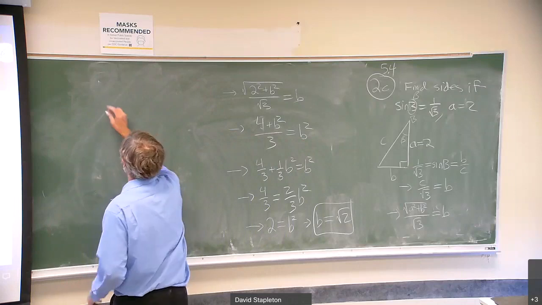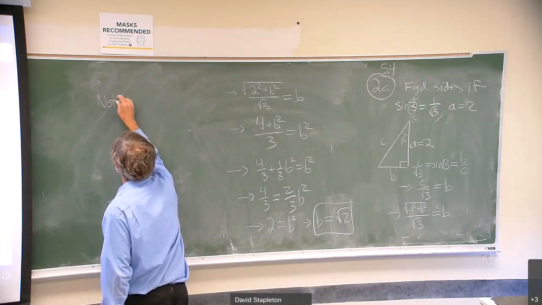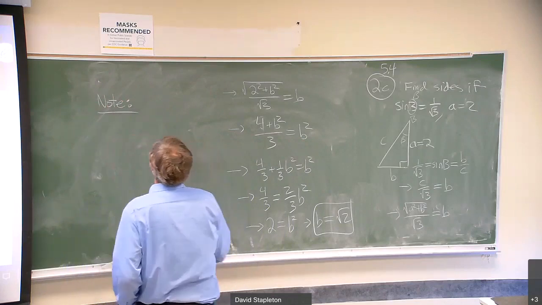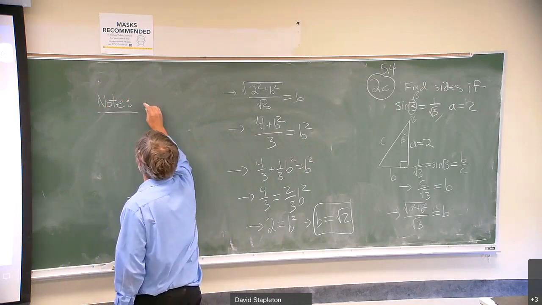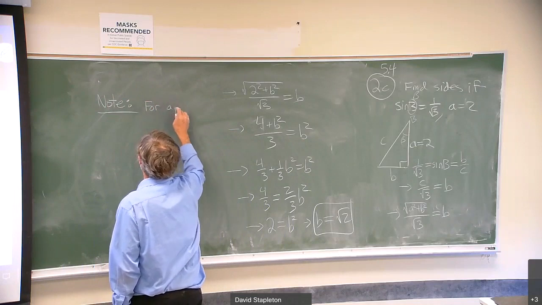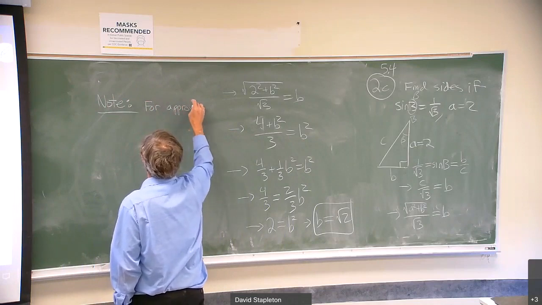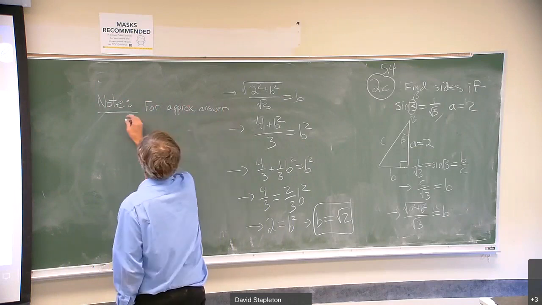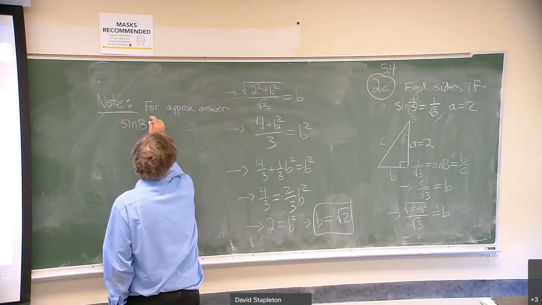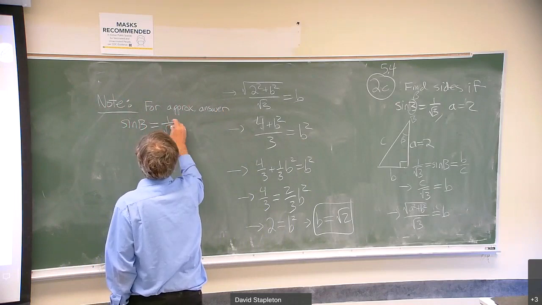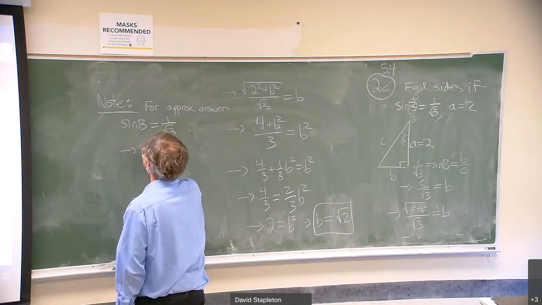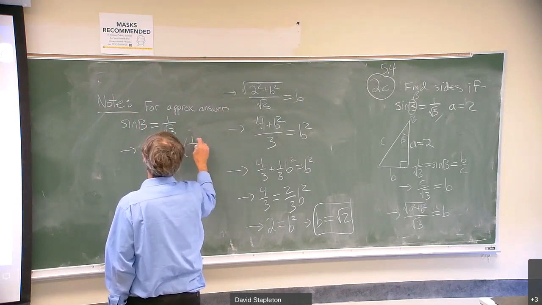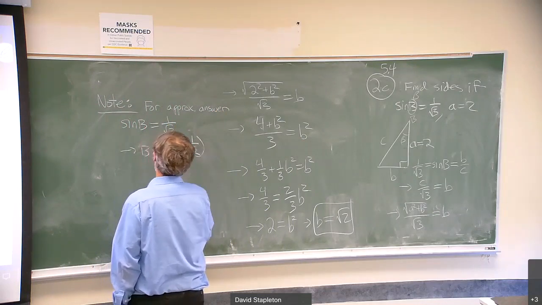I have the following comment. In the field, you can also do another thing, for approximate answers. You can say sine B equals 1/√3 tells me that B is inverse sine of 1/√3. As long as it's in a triangle, I can calculate that way.